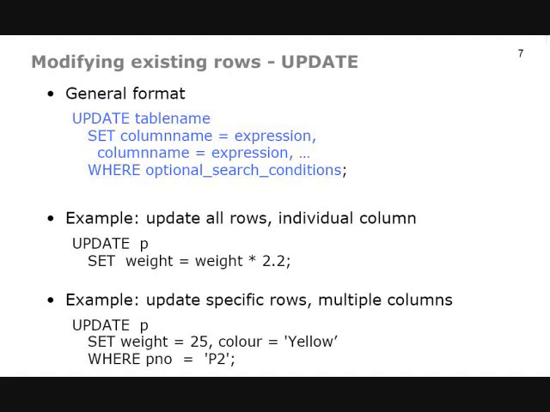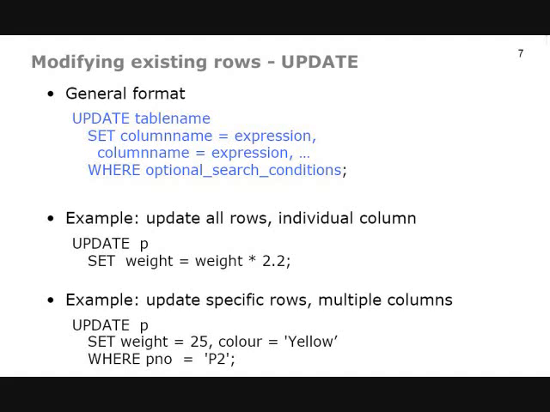When I said before that we could do weight multiplied by 2.2 in the select part of the statement, I said the underlying data did not change. This time the underlying data does change because I'm doing an update to it. So this changes the database permanently. It will mean that the weight will no longer be the amount that we had; it will always be now multiplied by 2.2.